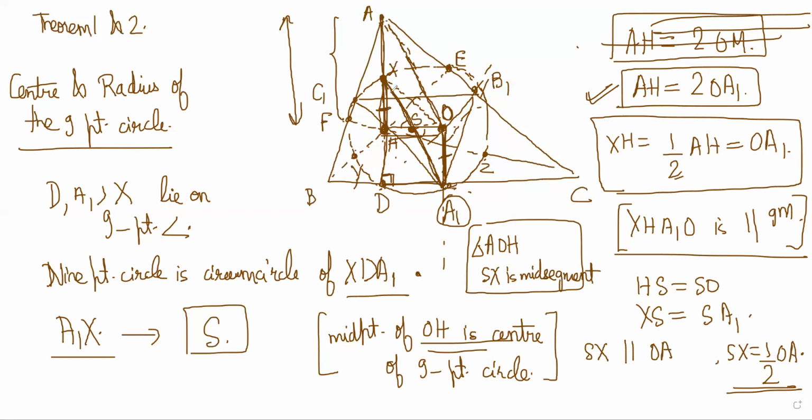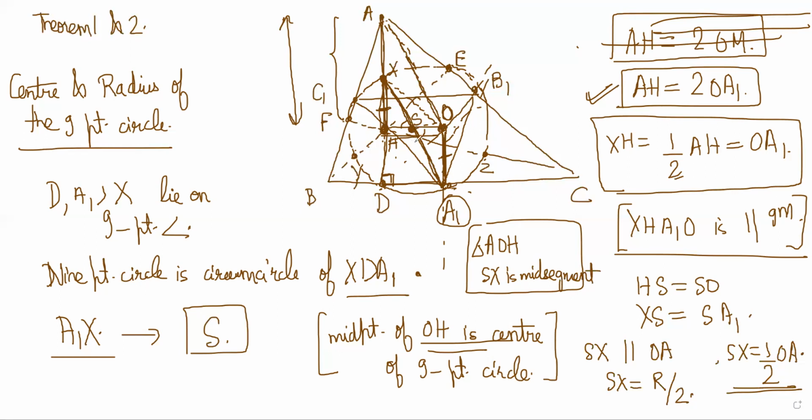OA is capital R in the triangle, since O was the circumcenter. So SX is coming out to be capital R by 2. And S was the circumcenter of the triangle DA1X, or basically S was the center of the 9-point circle.